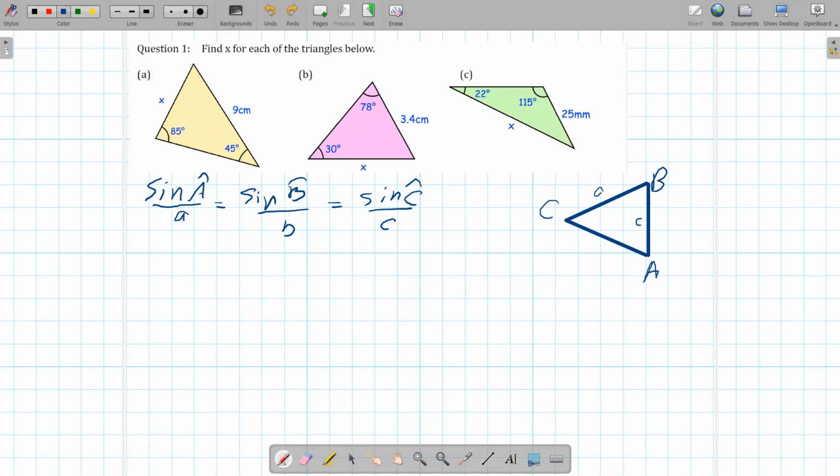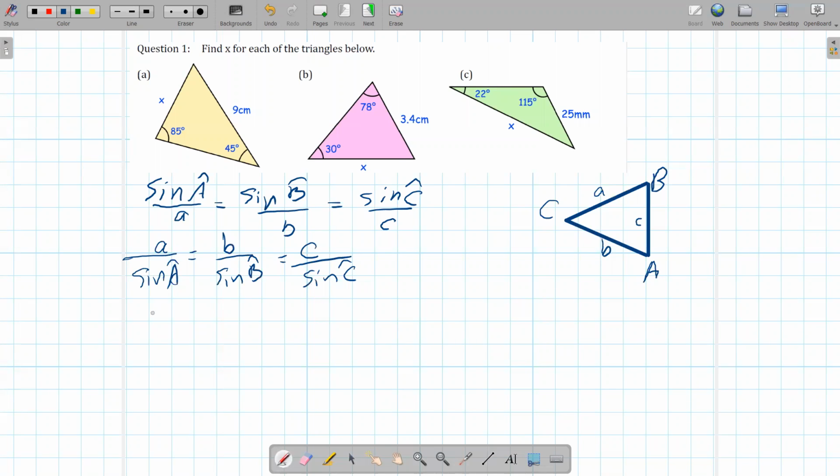This side will be A and this side will be B. We can use this rule, and we can write the same rule in a different form, which is A over sine angle A equals B over sine angle B equals C over sine angle C.